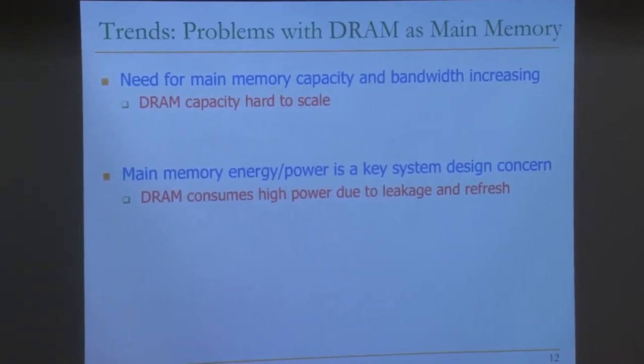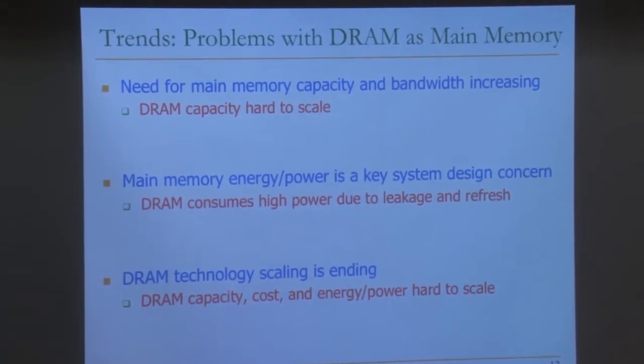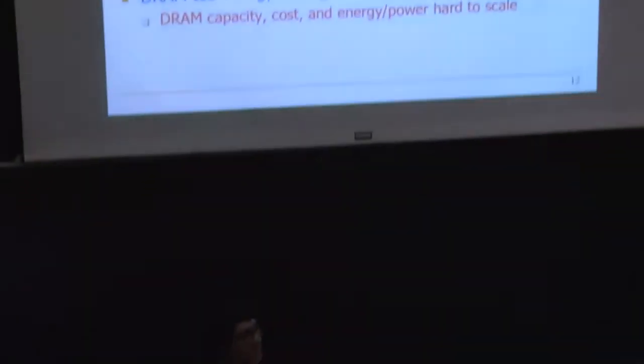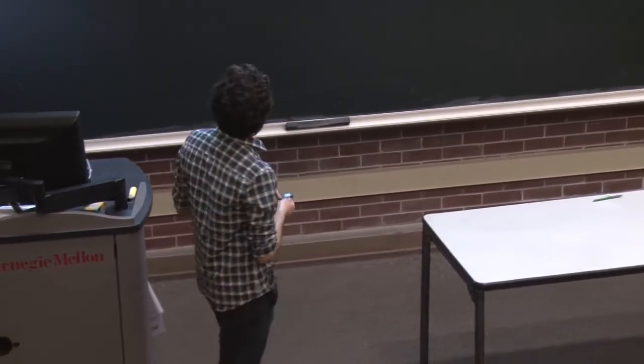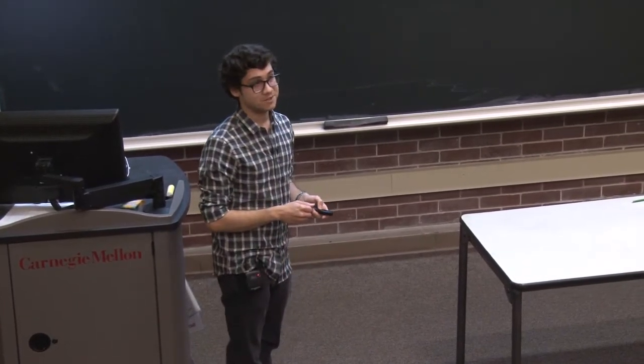That's not very good. We might want to look at something else. Also, DRAM technology scaling is ending. That's the thing that puts the final nail in the coffin, right? Even if we could put up with capacity, bandwidth, energy, and everything else, we're nearing the end of DRAM scaling. So we're not going to see those benefits as much going into the future.